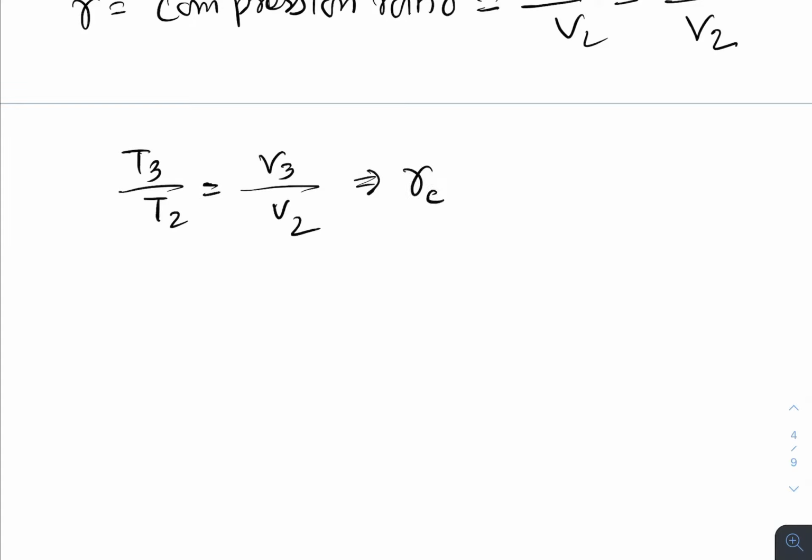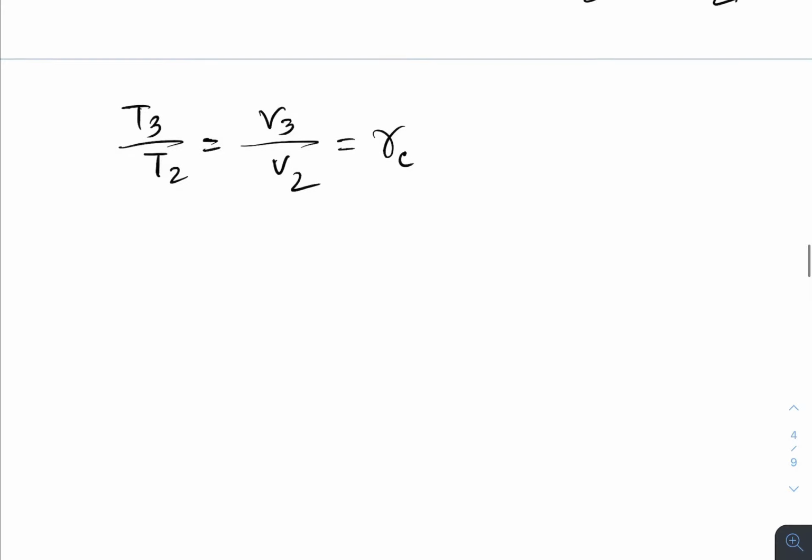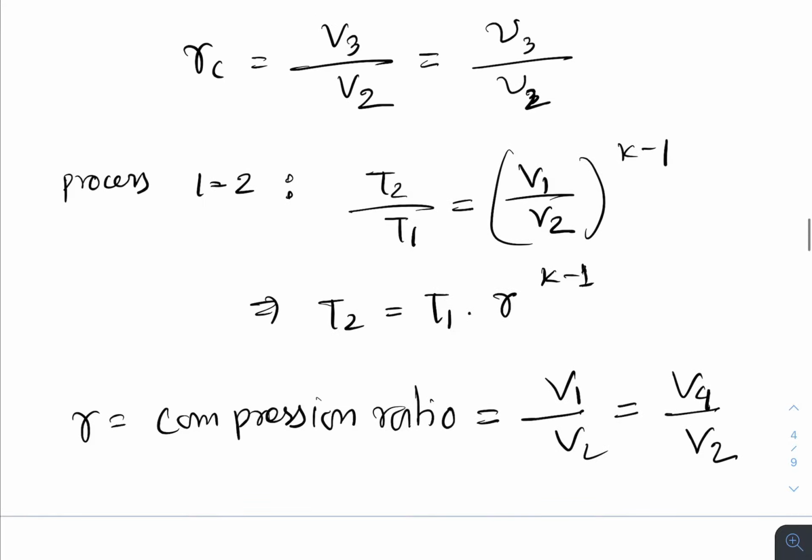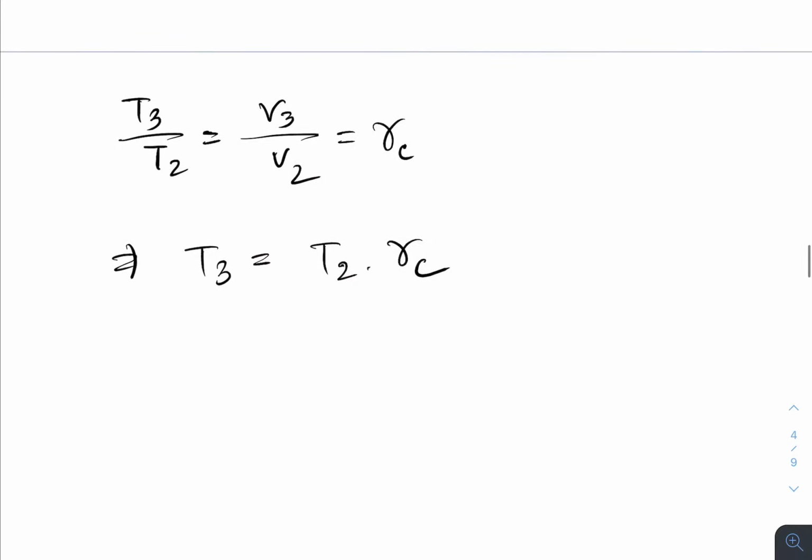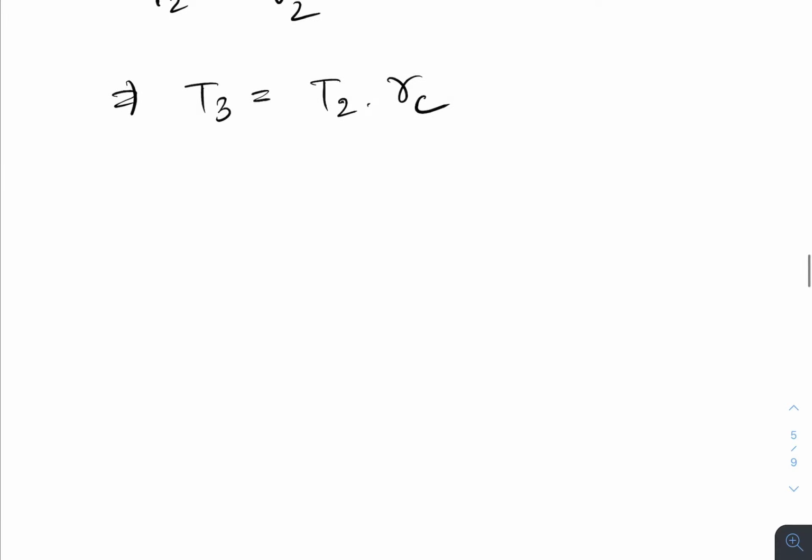And V3 divided by V2 we just defined as the cutoff ratio Rc, so this equals Rc. And so in terms of T2, T3 will become T2 times Rc. So we know T2 and we know T3. Now let's derive T4.